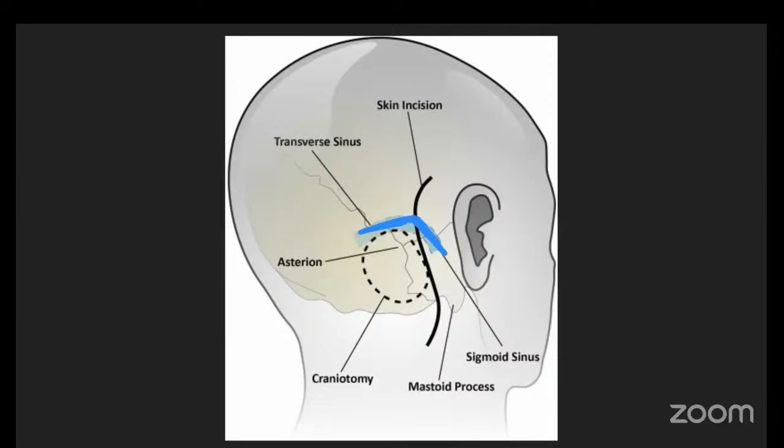Tentorium cerebelli attaches to the posterior surface and encloses the transverse sinus, so our superior boundary is the tentorium once we go deep in, while our craniotomy boundaries are centered around the transverse and sigmoid sinuses.